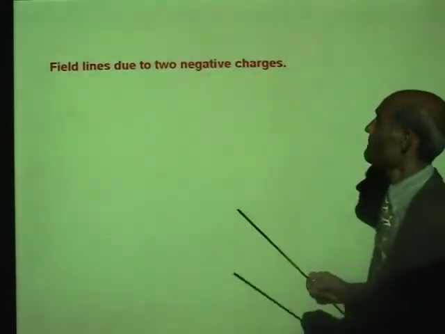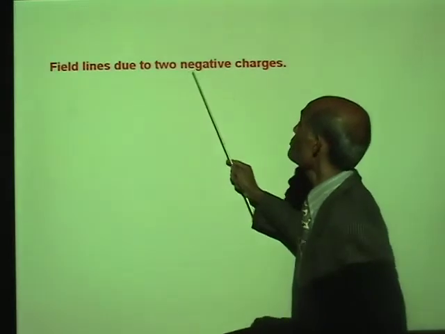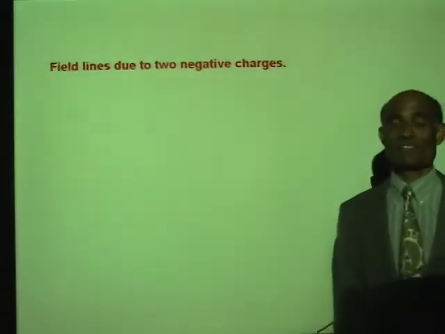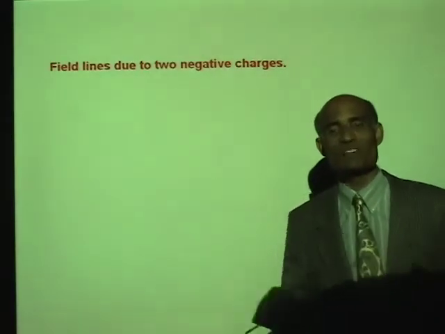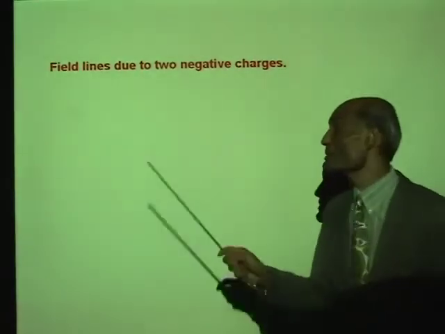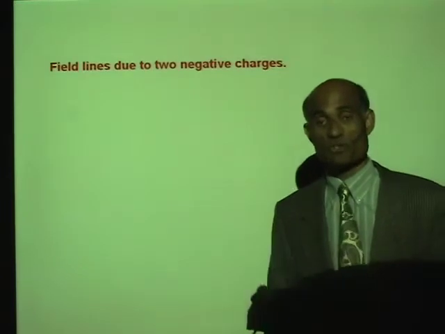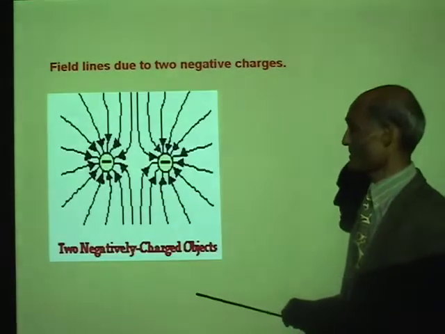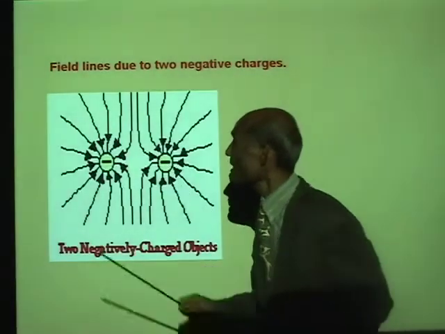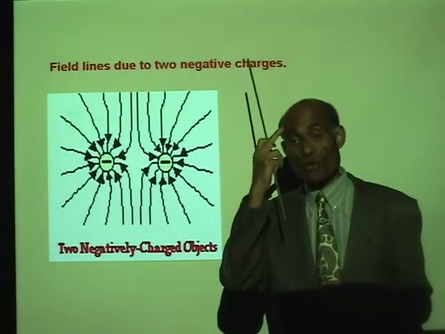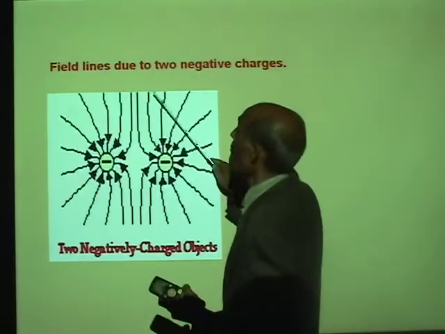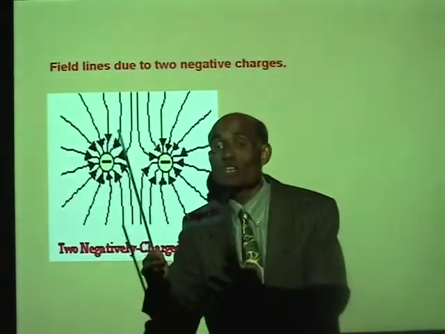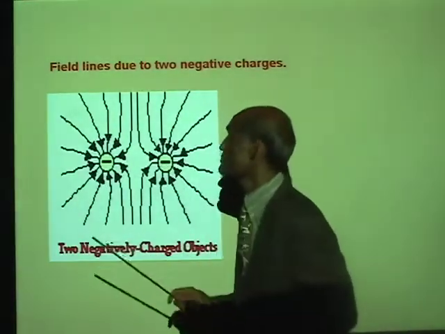How about the field lines due to two negative charges? Can you construct the field lines due to two negative charges? Will it be different from the one we saw for the two positive charges? Well, these are the two negative charges. The orientation looks almost the same, but the field lines are now converging on these negative charges.